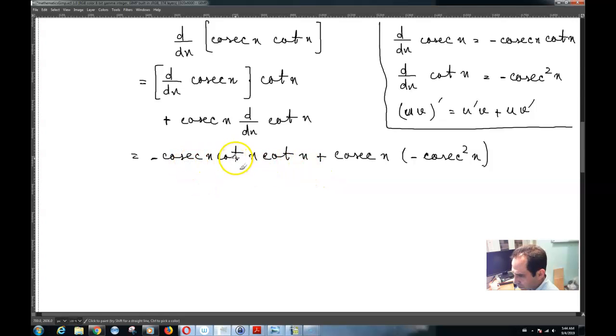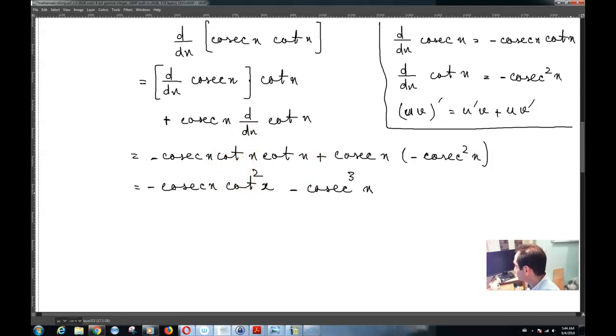So this is the same thing as negative cosecant x cot squared x minus cosecant cube x. And you can simplify this a little bit, of course.